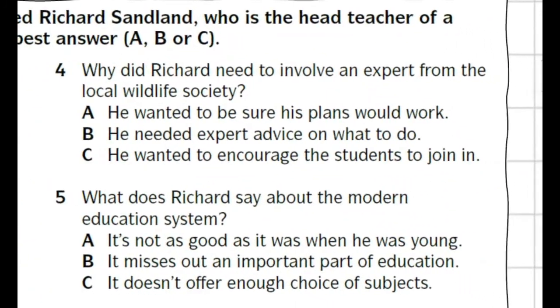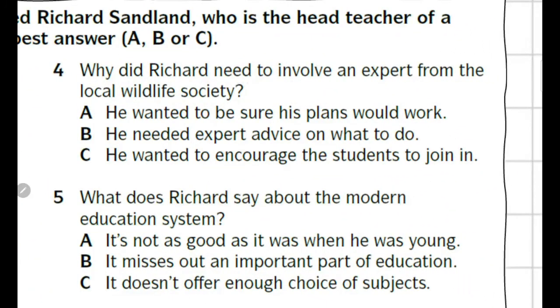Alright, and then question number 4. Why did Richard need to involve an expert from the local wildlife society? Kenapa Richard kena melibatkan an expert, seorang pakar daripada local wildlife society, persatuan haiwan liar tempatan? Pasal apa Richard memerlukan bantuan seorang pakar? Is it A, because he wanted to be sure his plans would work?